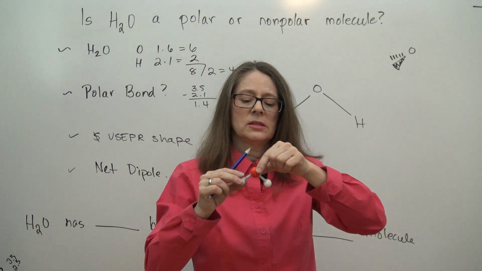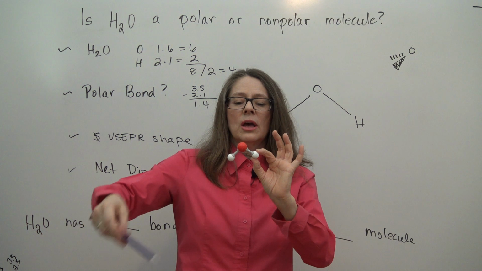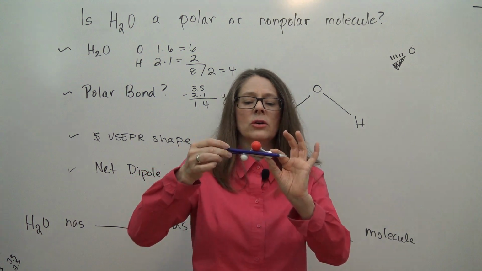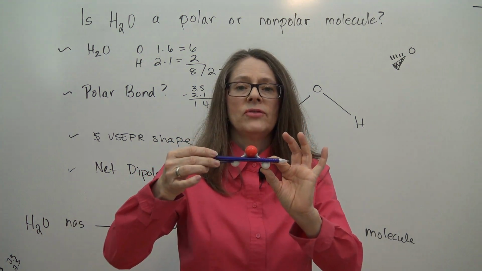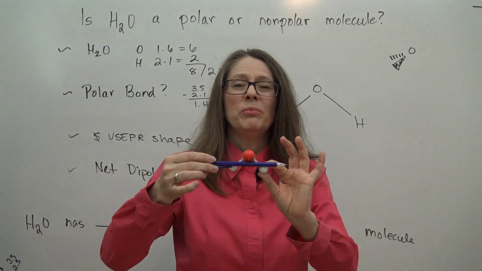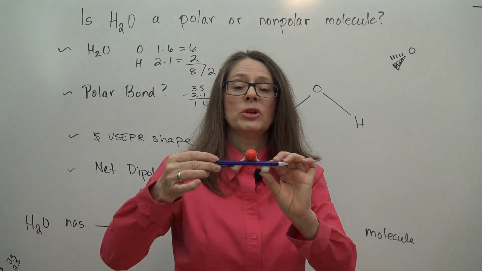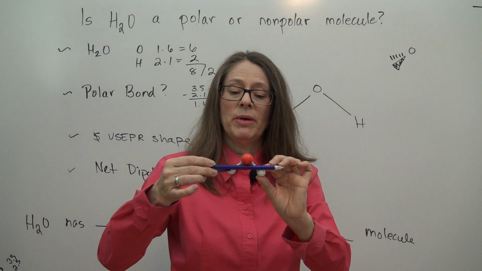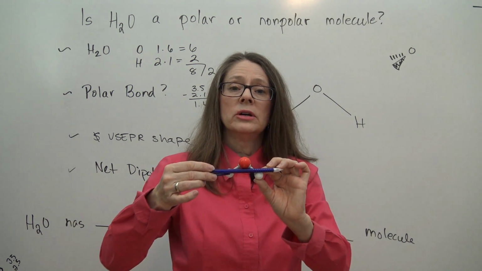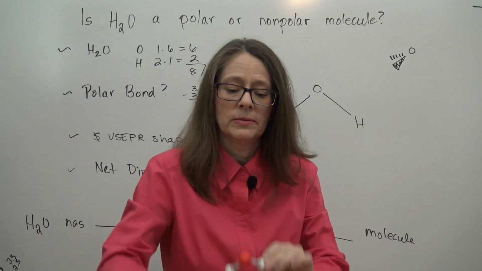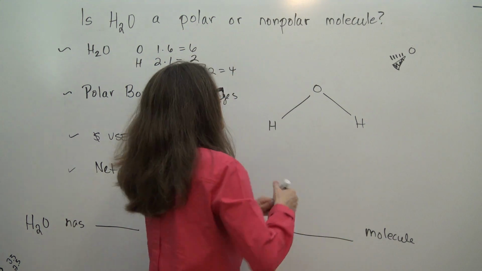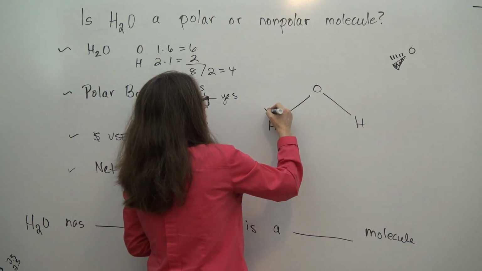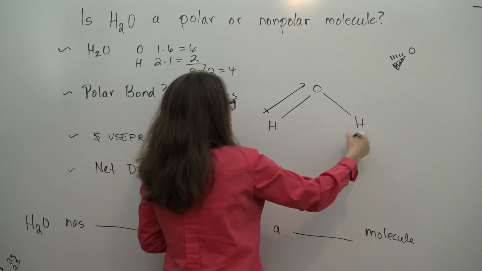It's a little hard to see, but if I could cut the molecule right here, everything above the pencil would be partially negative and everything below the pencil would be partially positive. Water is a polar molecule. These 2 electrons scooch that way.